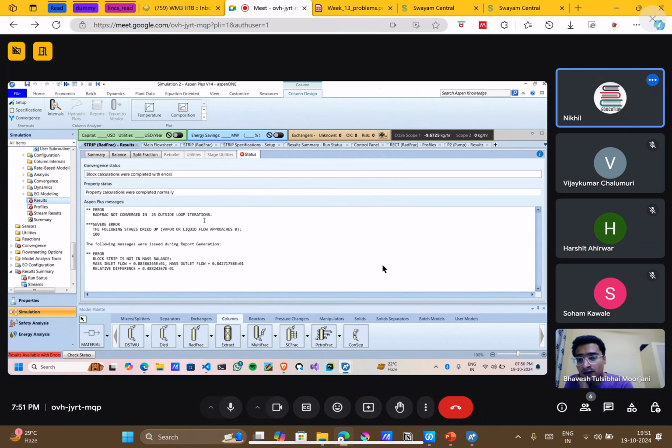Red flag: not converged in 25 outside loop iterations. The following stage is dried up, vapor or liquid flow approach is 0. The following message was issued: block STRIP is not in mass balance. Okay, I think there is some data issue here. Can you go to the profiles?